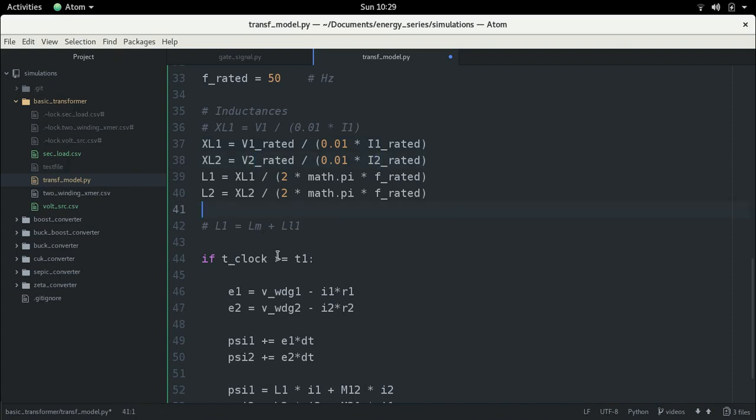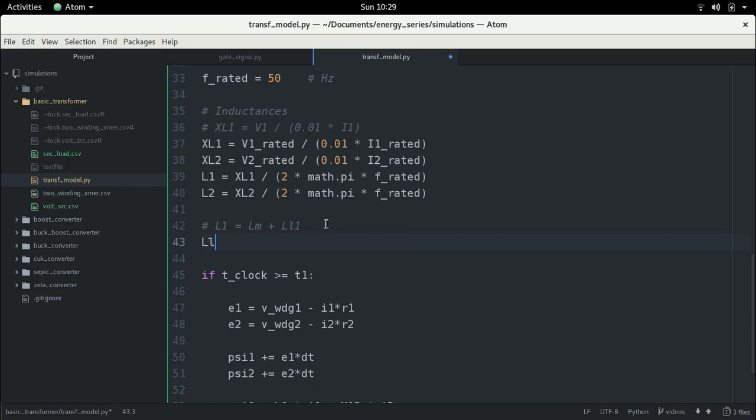So if a current equal to the rated current were to flow through the winding, then that rated current will produce a 1% drop across this leakage inductance. That is, the drop across this leakage inductance is going to be 1% of the rated voltage, right? So let me write that down.